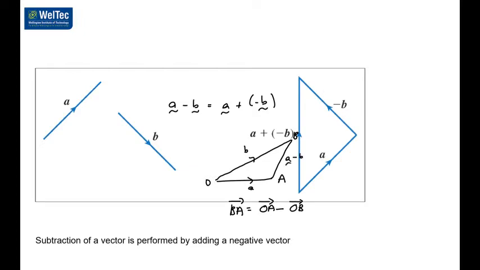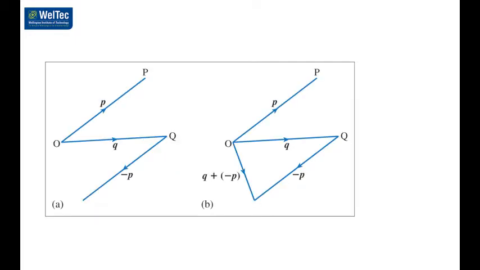Like that. All we've got here is that q minus p is the same as q plus negative p, which again you would expect.